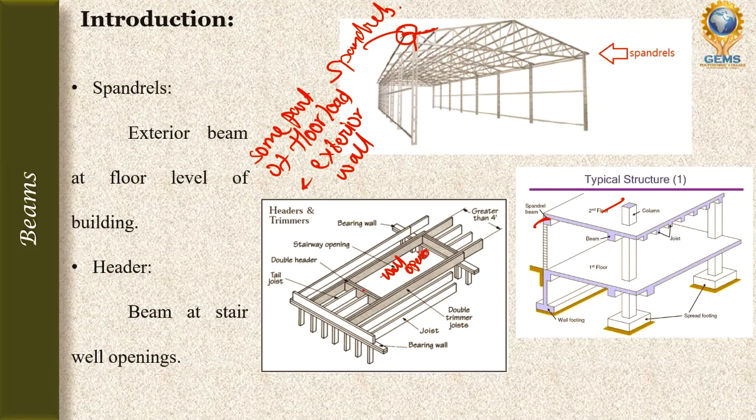This part is called header. These two beams are called headers, and on this side, these two are called trimmers. For trimmer and headers, the position is changed. So that is our header and trimmer.